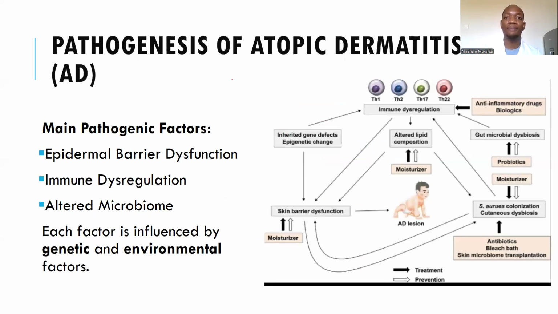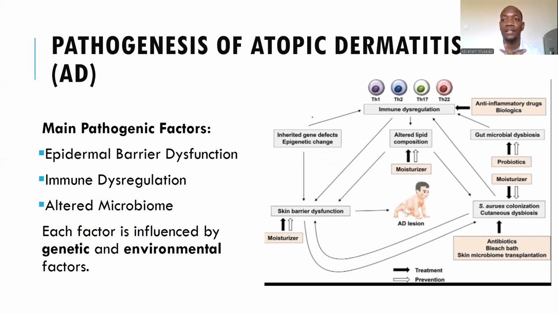So when you look at the pathogenesis of atopic dermatitis, this is a condition that has an interplay between the genetic predisposition, the environmental factors, then somebody's immune dysregulation, alteration in the microbiome of the individual, as well as the alteration in the skin function or the barrier function of the skin.